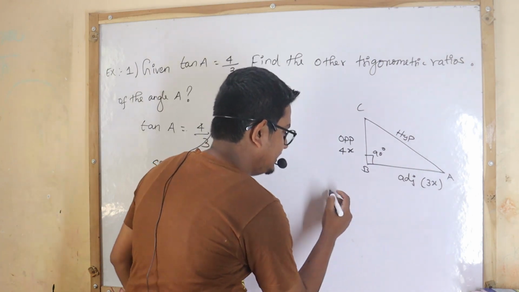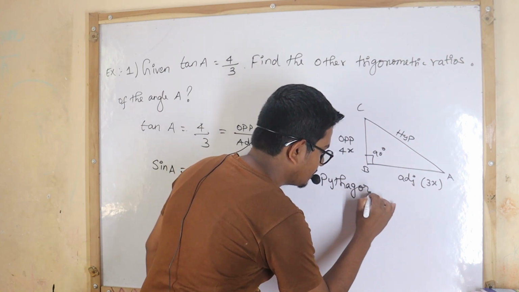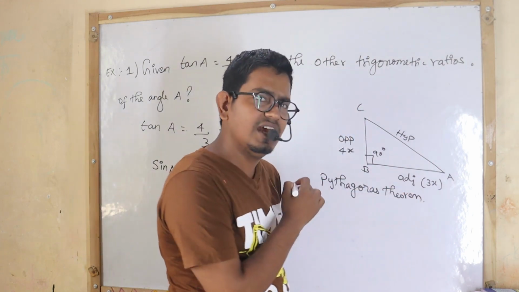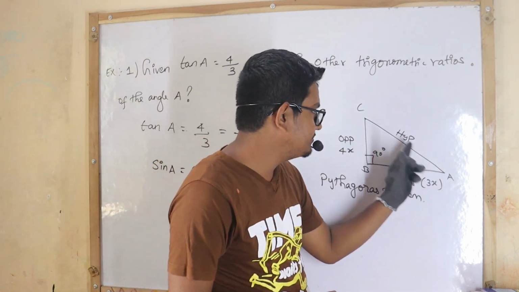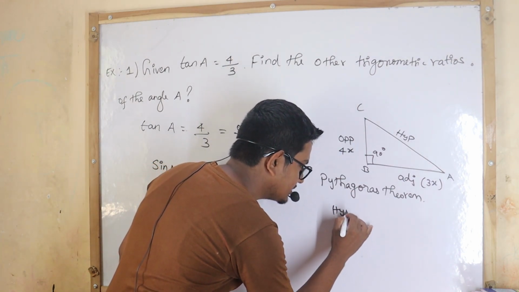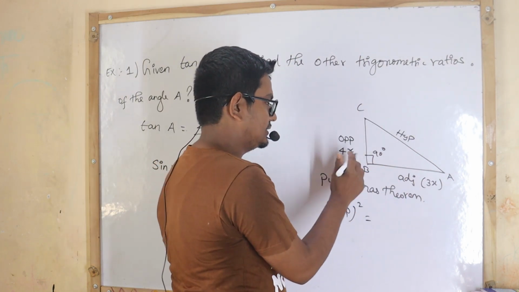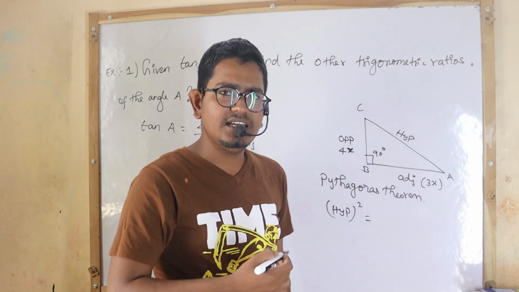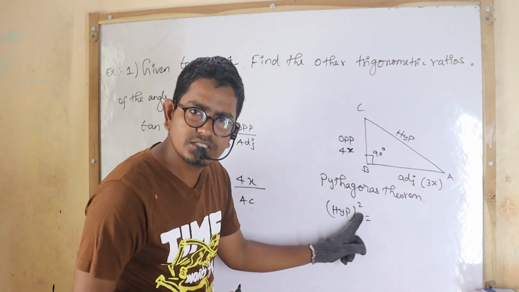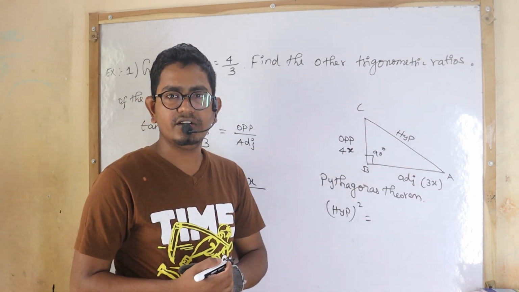Now see how I am going to find the hypotenuse. We are going to apply the Pythagoras theorem. Pythagoras theorem states that in a right angle triangle, the square of the hypotenuse is equal to the sum of the squares of the other two sides. We have totally 3 sides.